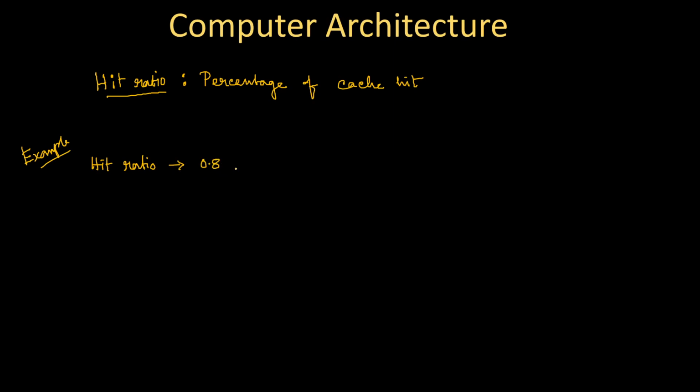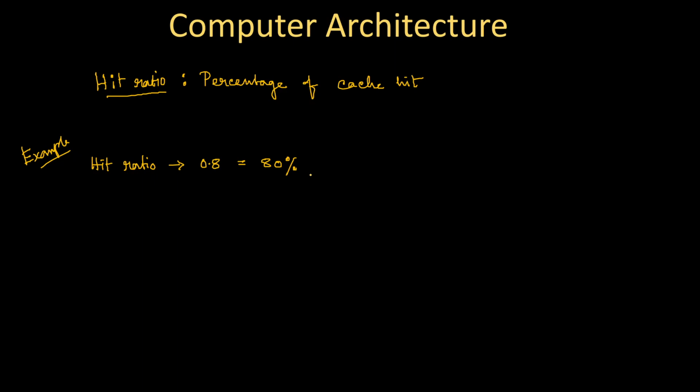What does it mean? It means that it is actually 80%. That means when a CPU is searching data in cache, 80% of the time it finds the data and 20% of the time it cannot find it, so the data has to be found in the main memory.